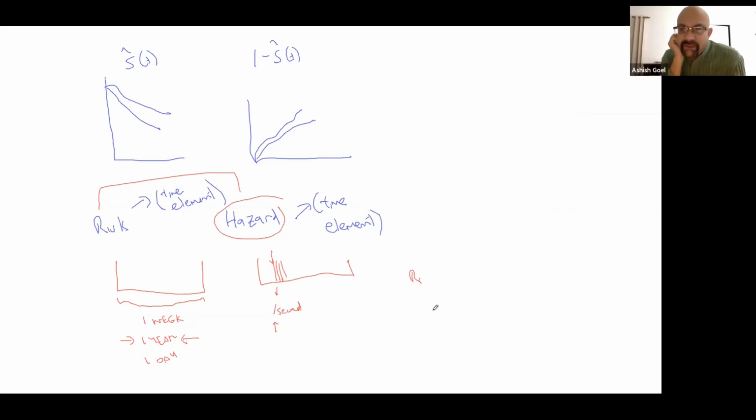A follow-up question comes from Dr. Asha, who's asking, would it be better to change the words odds or hazards and just use the word chance? You could call it a chance ratio.